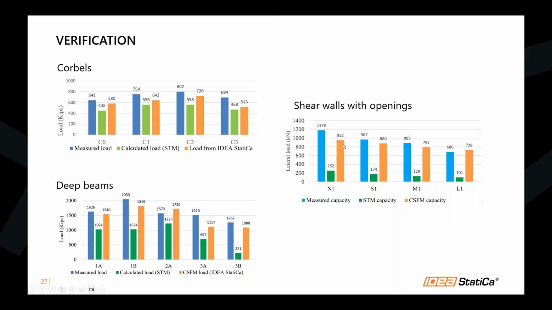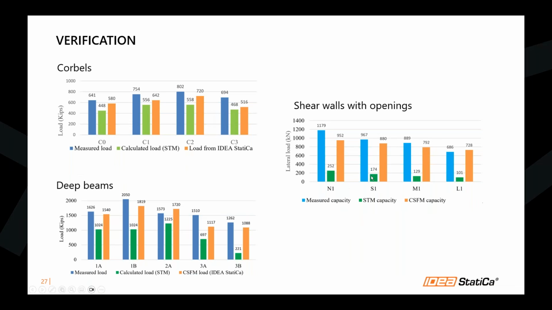So as you can see here, IDEA StatiCa or CSFM in the orange color here is actually quite close, right? But it still has some buffer to the actual physical testing. Whereas the strut and tie method is a bit lower, a bit more conservative for corbels, a bit even more conservative for deep beams, but for shear wall with openings, you can see that actually STM capacity is super low compared to the physical testing itself.